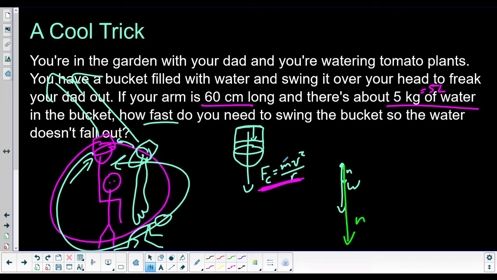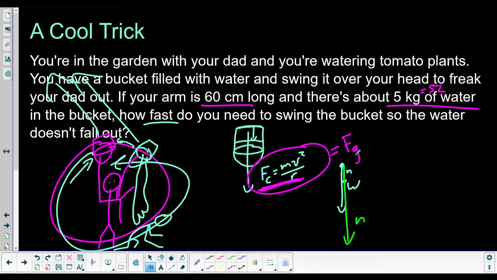It's too much, so it goes in too tight of a circle, right? And it falls down towards the center of the circle. It falls out, basically.